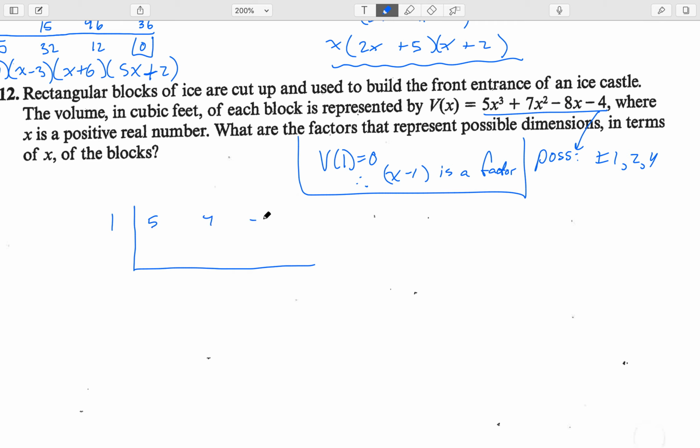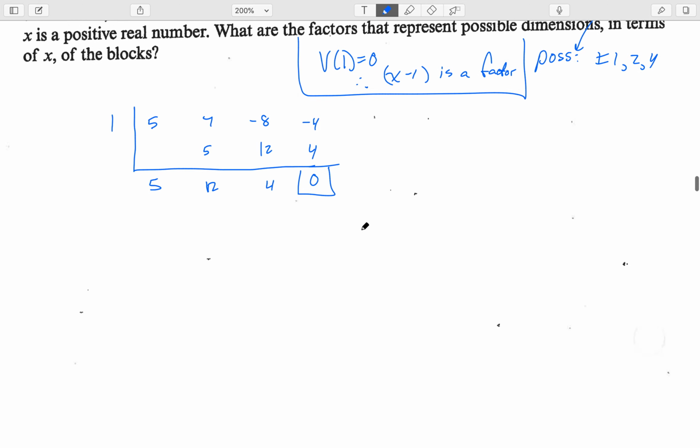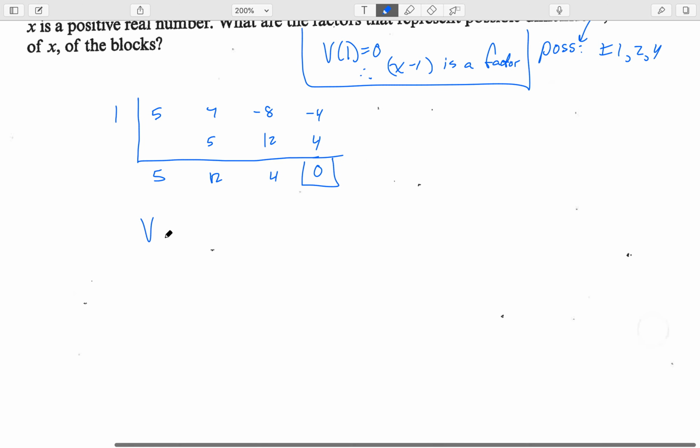Okay, 5 comes down. 1 times 5, 5, 12. 1 times 12, 12, 4. 1 times 4, 4, 0. Nice. Good. So here's what V of x turns out to be: x minus 1 times 5x squared plus 12x plus 4.